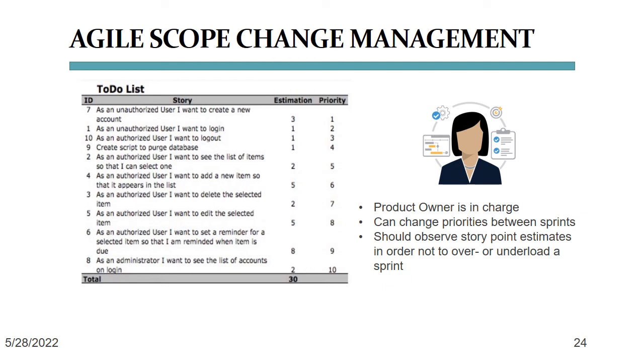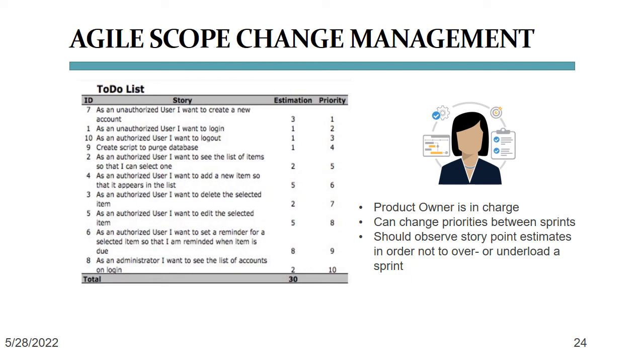She can decide to add new items to the backlog. The point here is that the product owner and the team work together on deciding how many story points are estimated by item in the backlog, so that only the items that will actually fit into a sprint go into a sprint.